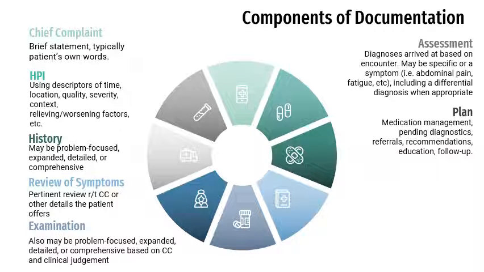Last is the plan, and the plan is going to be what you're going to do about those diagnoses: medication management, any pending diagnostics, referrals, recommendations, education, follow-up, any home remedies such as elevation, compression, heat or ice, etc. You're going to list these under the plan.